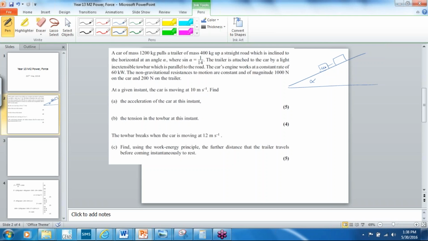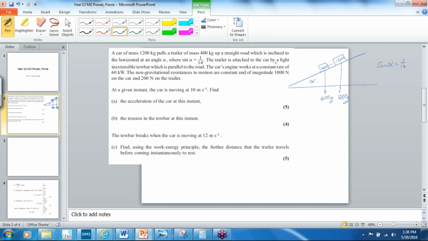Our trailer is 400 kilograms, our car is 1,200 kilograms. Sine alpha is 1/14. Therefore, this trailer has a gravitational force down of 400 g. The car has a force down of 1,200 g.